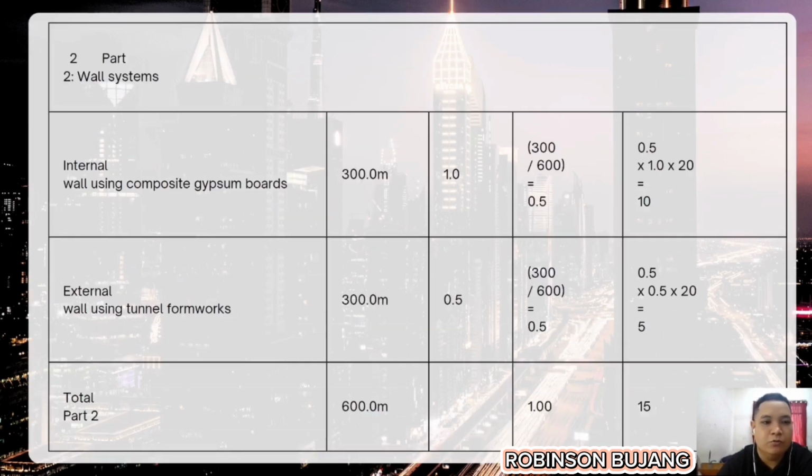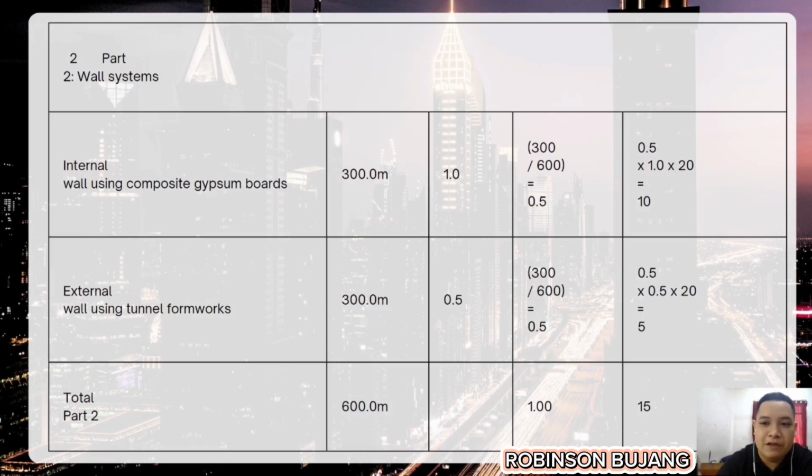Next, we go to part 2, which is wall system. For internal wall using composite gypsum boards, we have area 300 meter square with IBS factor 1.0. We calculate the coverage, which is 300 divided by 600, the total area for part 2, equal to 0.5.